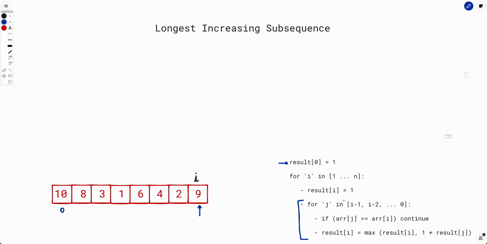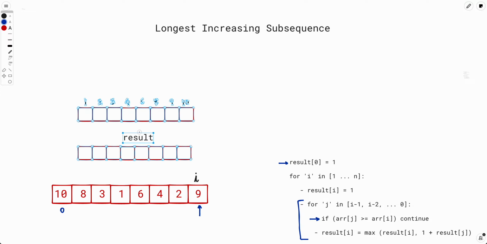So we want to iterate over all the elements which are to the left of i and which are smaller than array i. And from all such elements, we have to figure out the maximum, right? So as we have done in the previous one, we will simply maintain two different things.